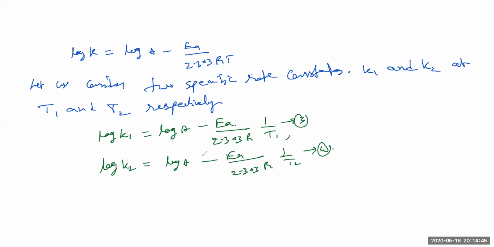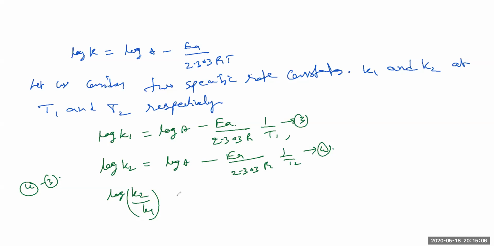Okay. Now by subtracting these two, what will we get? Equation 4 minus 3, that means log of K2 by K1 will come, right? Log of K2 by K1. So these two log A terms are cancelled.